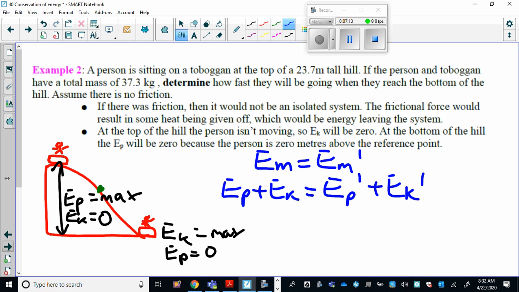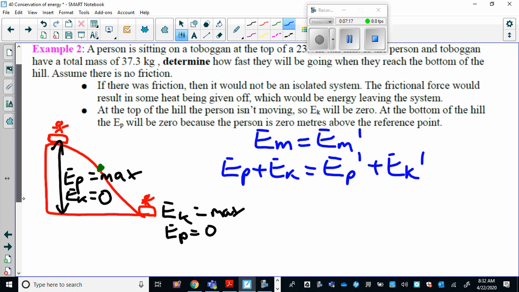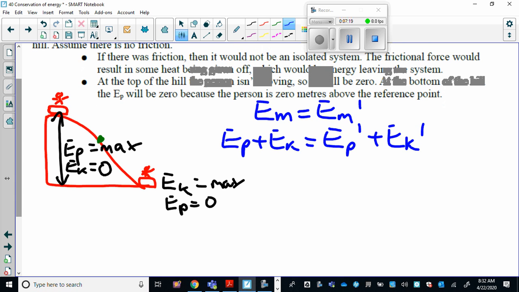And as you can see, because we've done this diagram and labeled some things, you can see what's going to happen. At the top of the hill, the EK is 0. So really, this is just EP plus 0. And at the bottom of the hill, the EP becomes 0 because now you're on the ground, you have no height.